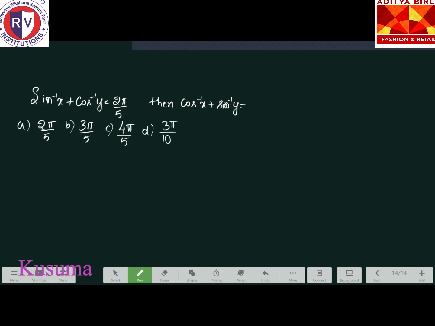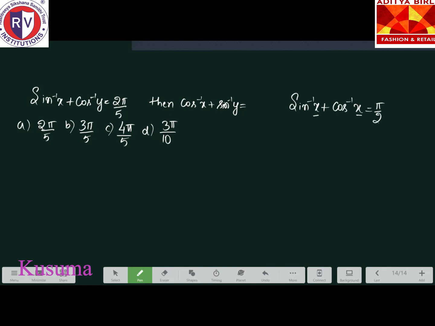Exactly the same technique as how we solved question number 70, that is, tan inverse x plus tan inverse y is equal to 4 pi by 5, then you were supposed to find cot inverse x plus cot inverse y. Here use the same technique, because we know that sin inverse x plus cos inverse x is equal to pi by 2. Here the x must be the same.